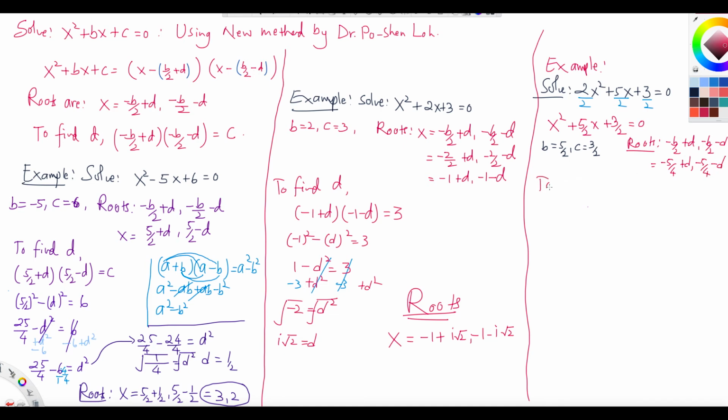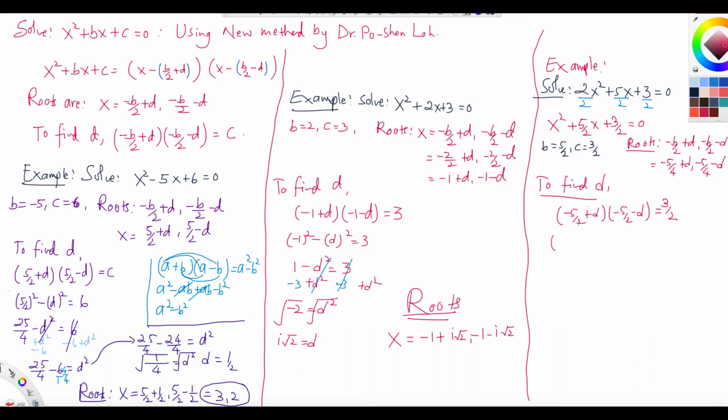So to find d, what we do is multiply those two, right? Negative 5/4 plus d times negative 5/4 minus d equals c. What is c? c is 3/2. Now you use that formula again: first number plus the second times first minus the second. So square of the first.